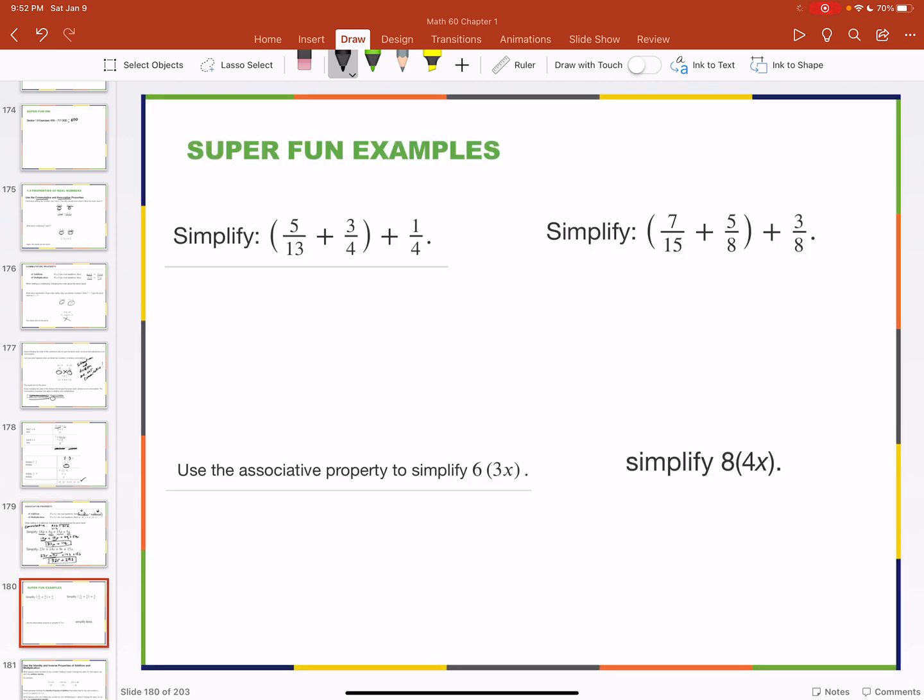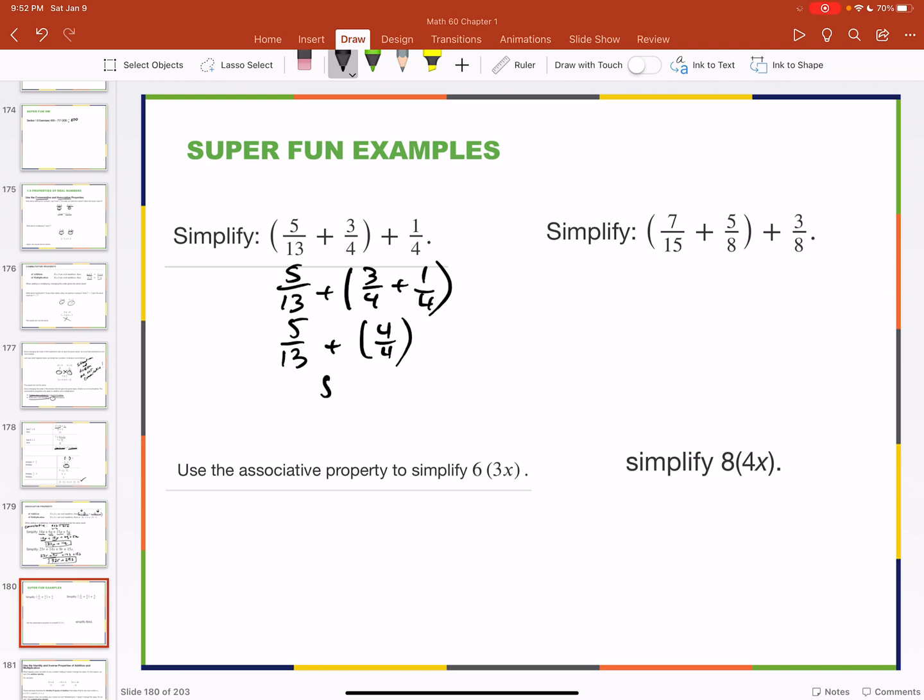Okay, now let's look at some examples of associativity. If I have 5/13 plus, and I regroup the 3/4 and the 1/4, that's easier because 3 plus 1 is 4/4, since it's already a common denominator. That's just equal to 1.